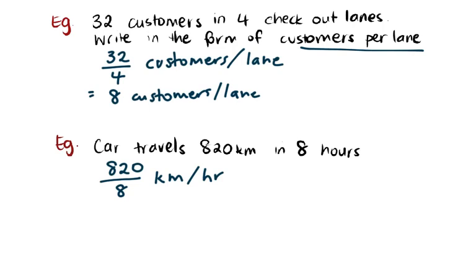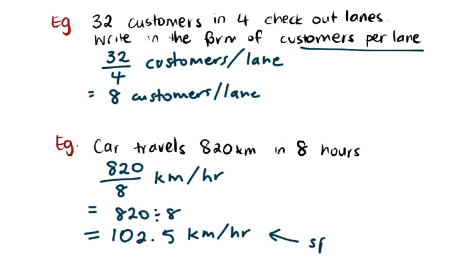And then we're just going to divide that in our calculator. So 820 divided by 8 should give us 102.5 kilometres per hour. And that is also referred to as speed.